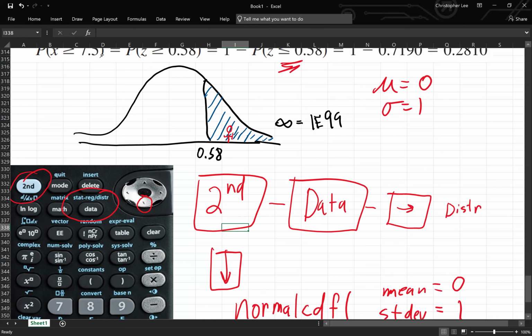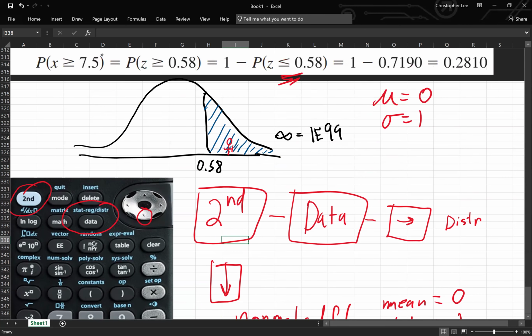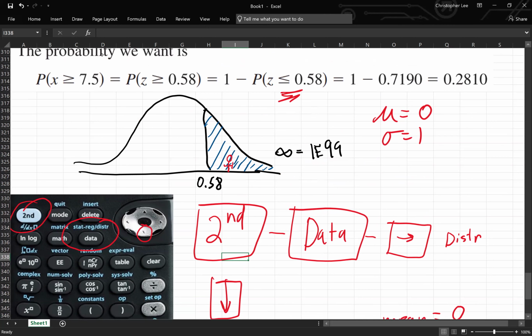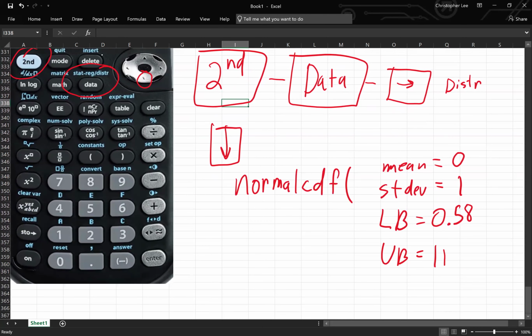So what's the lower bound here in this picture? It's positive. What's the number? 0.58. So that's gonna be my lower bound. And what's my upper bound gonna be then? It's gonna be my infinity. That should already be there, but if it's not, remember it's 1E99. Then you just hit enter, and you're gonna get an answer.